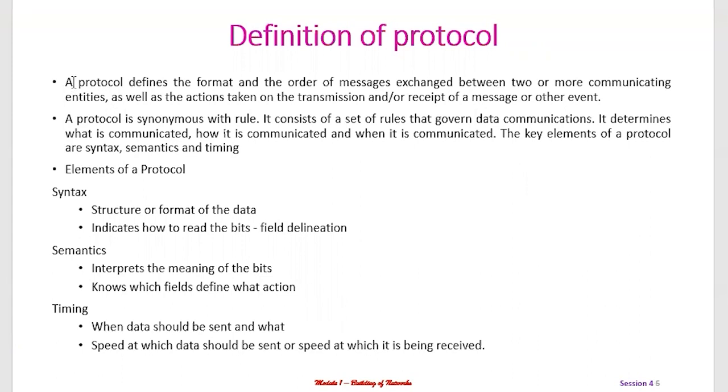A protocol defines the format and order of messages exchanged between two or more communicating entities, as well as the action taken on the transmission and or receipt of a message or event. Some versions say it is synonymous with rule. It consists of a set of rules that govern data communication. It determines what is communicated, how it is communicated, when it is communicated.